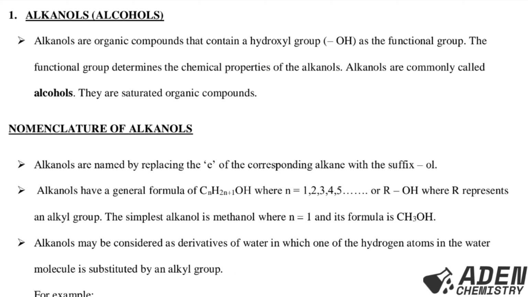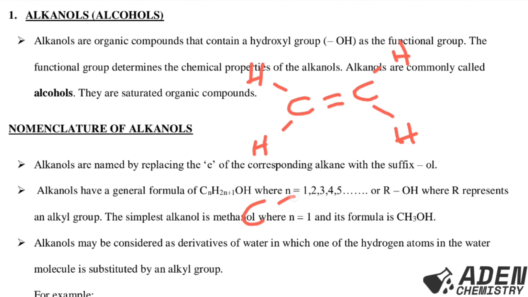Remember, when we were dealing with the hydrocarbons, the 3 classes of hydrocarbons were alkanes, alkenes, and alkynes. We said alkanes have no functional group. But when we talk about alkenes, for example ethene, we have a double bond as their functional group. Then when we talk about alkynes, for example ethyne, we have a triple bond as their functional group.